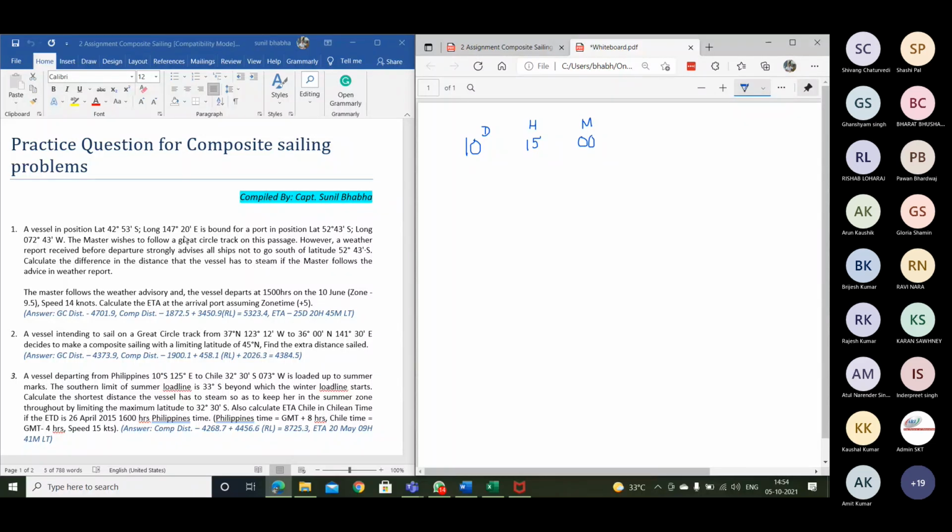Now, once you know the longitude, we know longitude east, GMT least. So GMT has to be lesser. So for GMT to be lesser, this difference of 9.5 hours obviously has to be subtracted. So I'm going to subtract this 9 hours and 30 minutes.